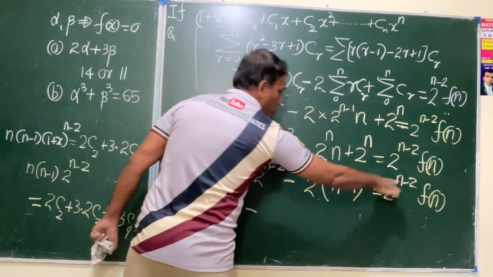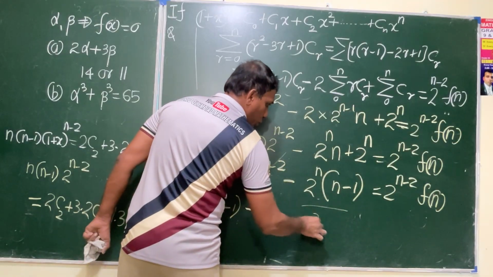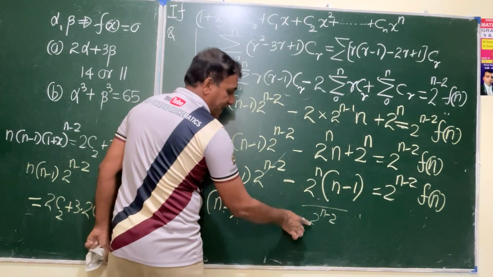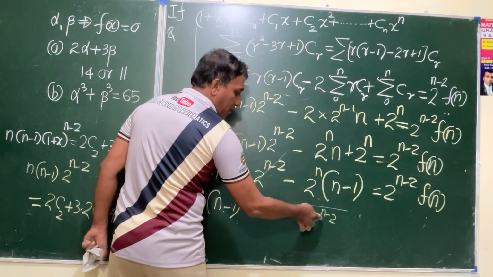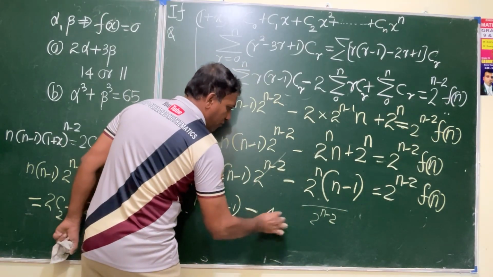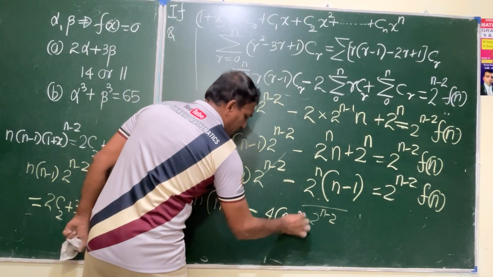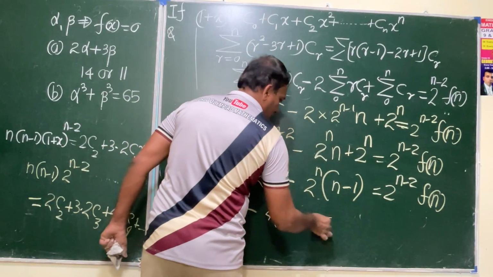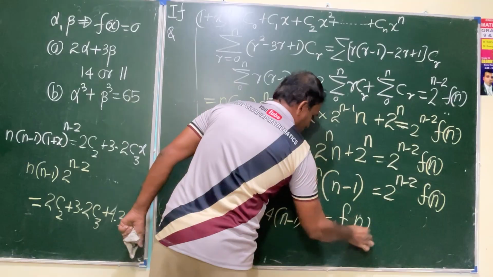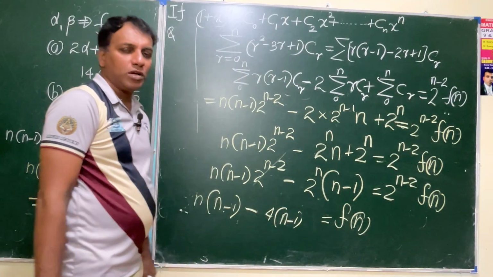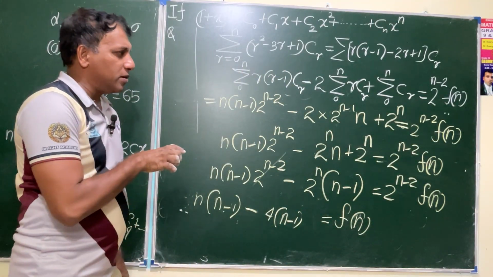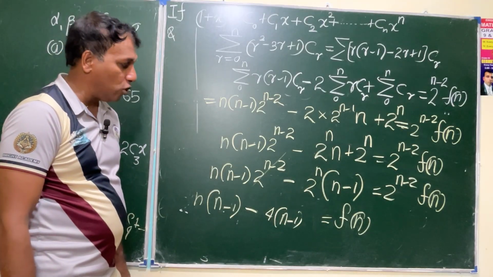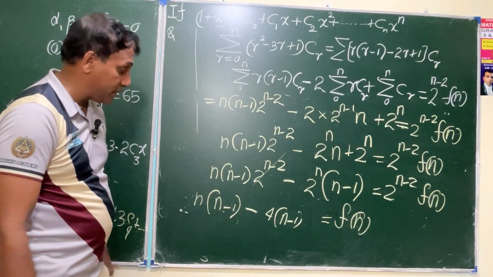Here divide 2 to the power n minus 2. 2 to the power n minus 2 divided, you know, bases equal, dividing, subtract the power, therefore it comes to 4, 4 into n minus 1, okay. So the other side, that is fn. Wow. See how the question is built up. A nice workout, showing proper form of a binomial expansion and binomial coefficient properties.